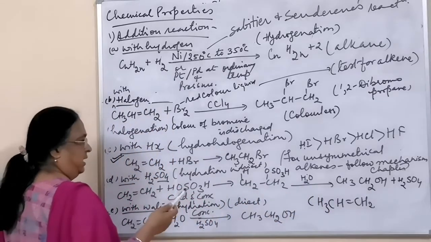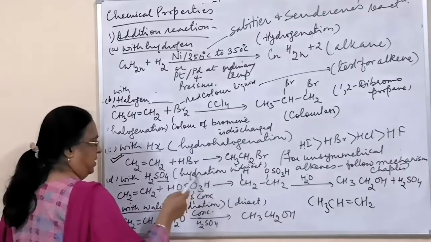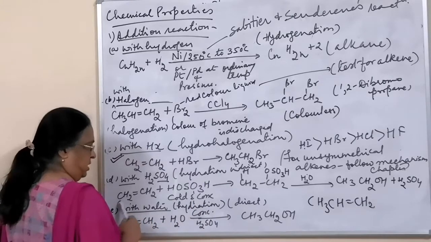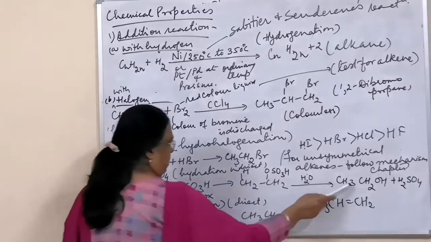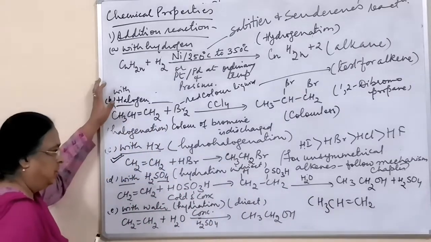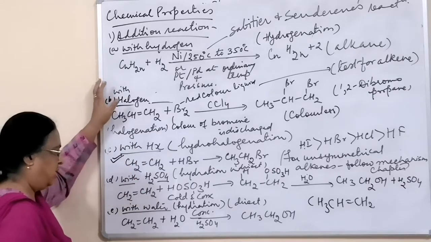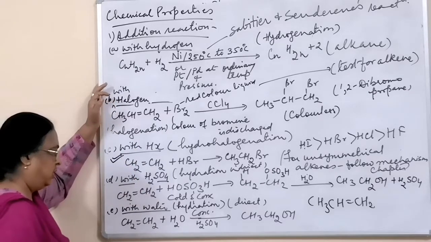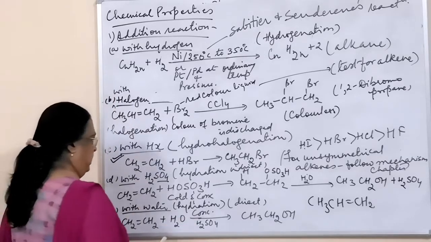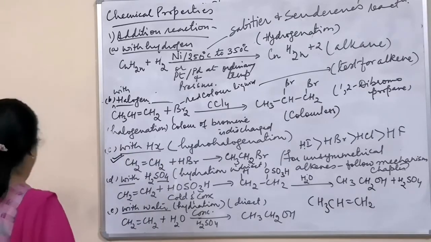So here we are getting ethanol indirectly. This is called hydration. Addition of water is hydration. You can see that one H is attached there, OH is attached there. So a water molecule is added, so it is a hydration reaction, but done indirectly. And in this case, hydration is done directly. When we pour water directly in the presence of conc H2SO4, we directly obtain ethyl alcohol.